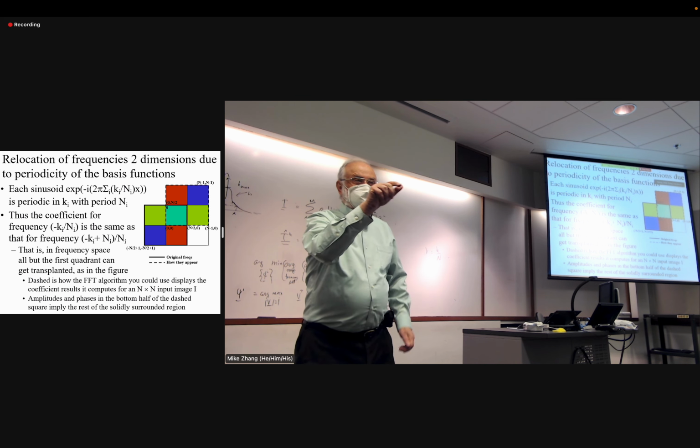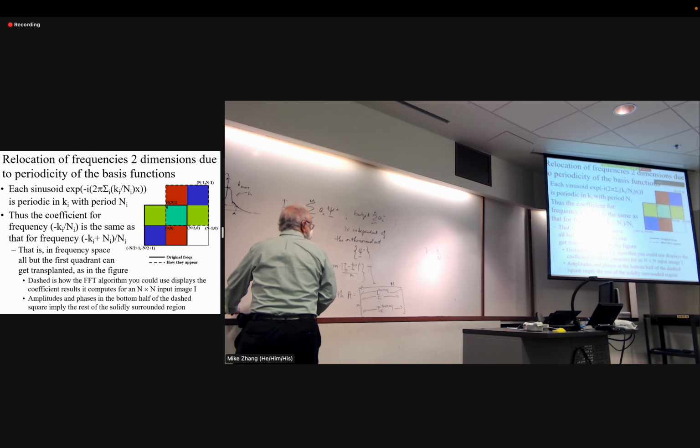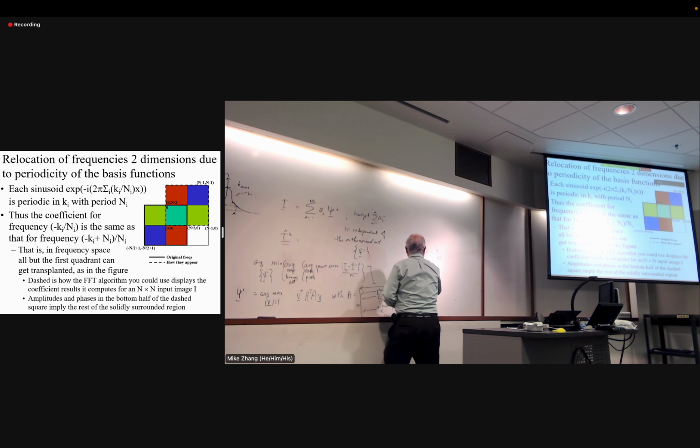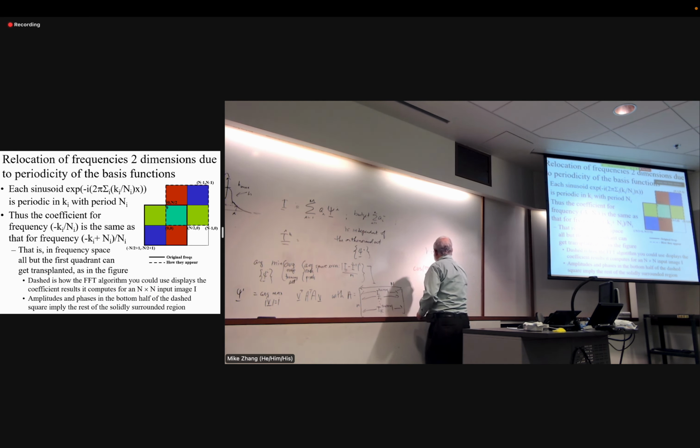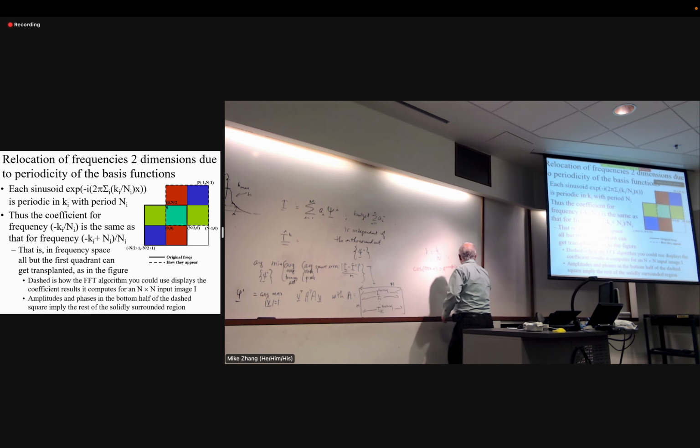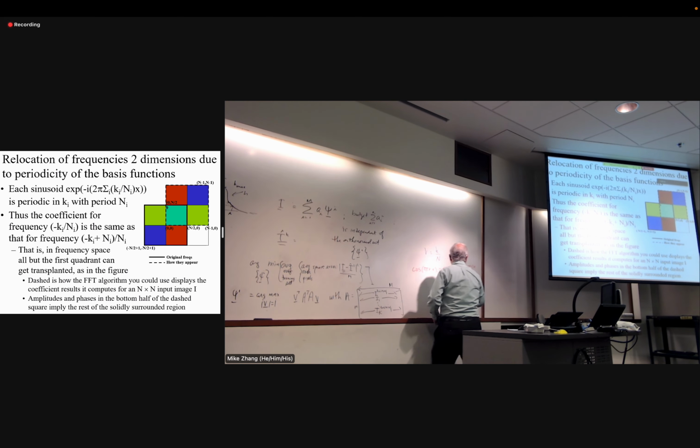Cosine of 2 pi nu x equals e to the minus i 2 pi minus nu x plus e to the minus i 2 pi plus nu x, over 2.